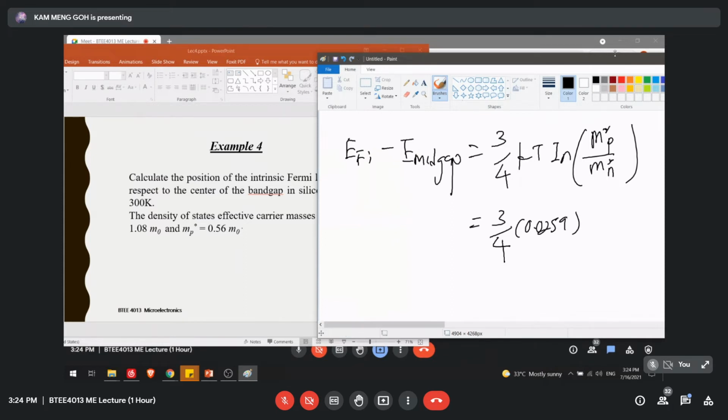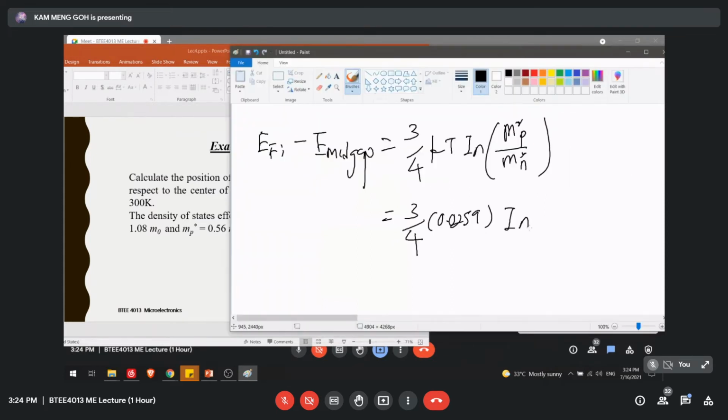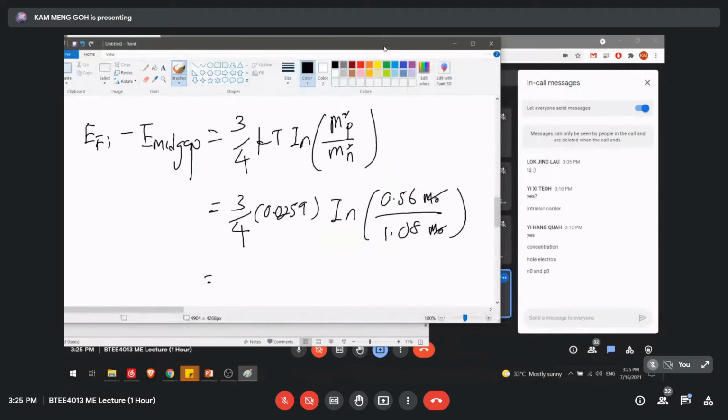And then you put in 0.56 m0 divided by 1.08 m0. From here, you can simply calculate the answer. Okay, so far, any question?